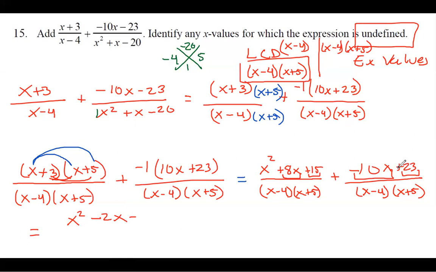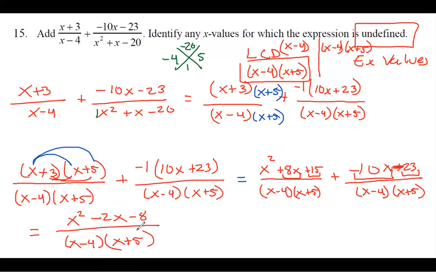I didn't change the negative sign. So therefore, 15 plus negative 23 is negative 8. Over, leave your denominator factored, guys. We combined like terms, so now we can combine everything in one single fraction.